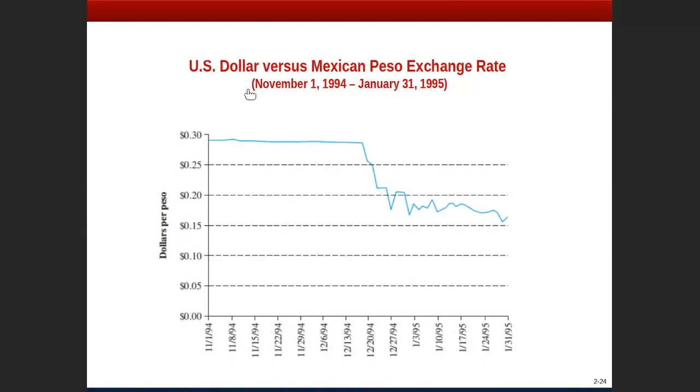And then you can see on this graph the US dollar versus Mexican peso exchange rate from November 1st, 1994 to January 31st, 1995. You can see that the exchange rate was fairly stable until November of 1994, when the Mexican peso began to drop rather dramatically.